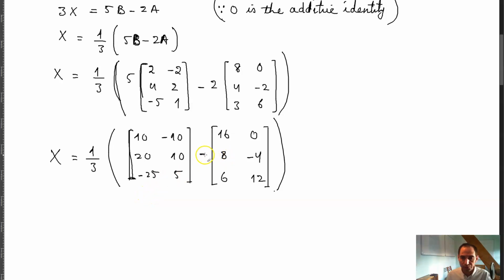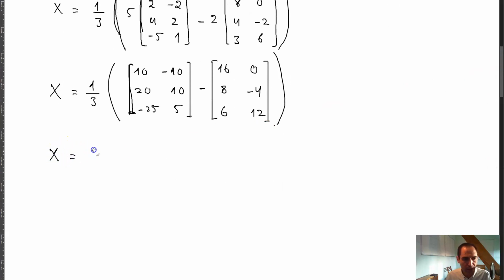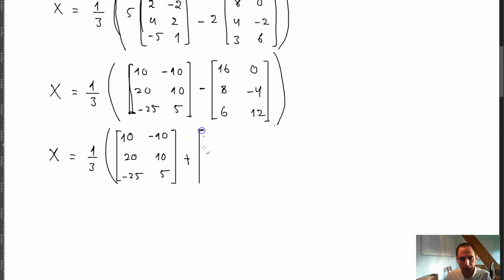We said that for subtraction, you have to add the inverse of this matrix to the first matrix, meaning you can write this as X equal to 1/3 times the matrix 10, negative 10, 20, 10, negative 25, 5, plus the negative of the second matrix, which is negative 16, 0, negative 8, 4, negative 6, negative 12.